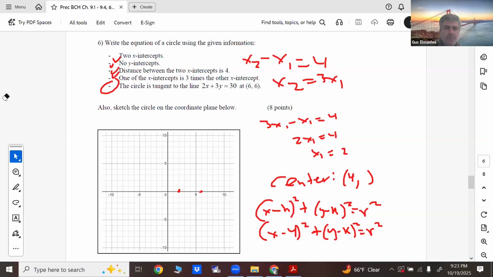Okay. Now it's tangent. Let me get y by itself here.